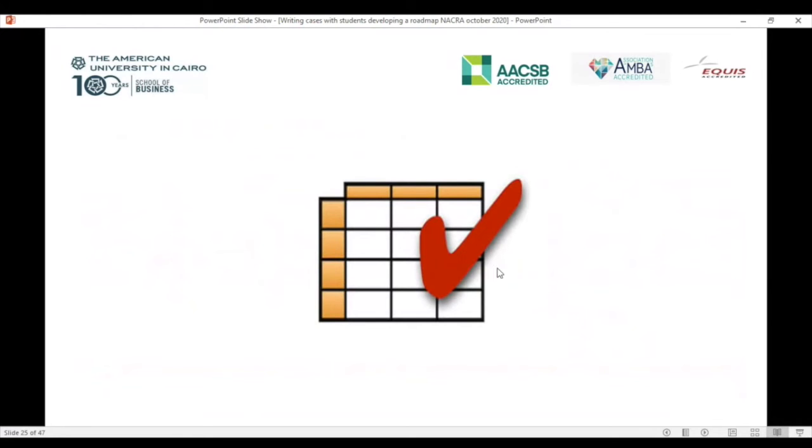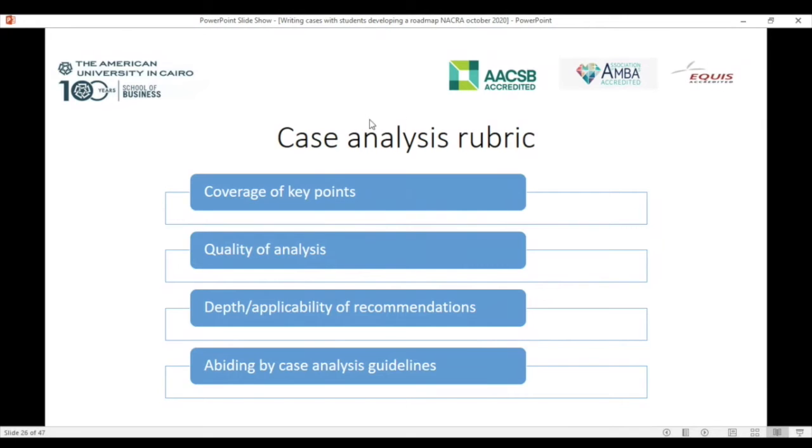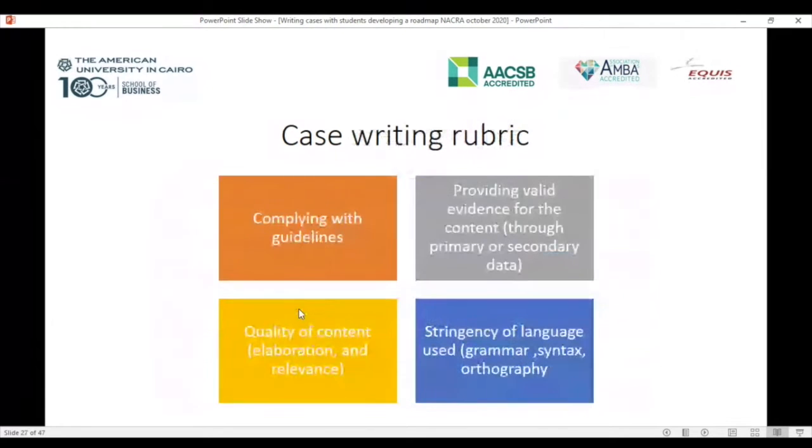One of the issues is to have a pre-designed rubric for students. Students are always anxious to have a rubric to know how they are evaluated. We have what we call case analysis rubrics, which include several points mentioned in advance.